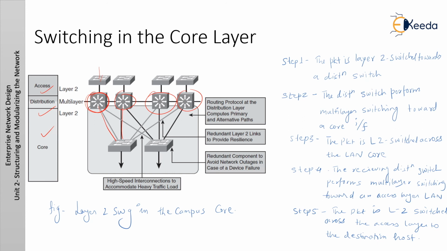The receiving distribution switch performs multi-layer switching towards an access layer. So towards an access layer, the packet is layer 2 switched across the access layer LAN to the destination host. So this is how we can perform the switching in the core layer.